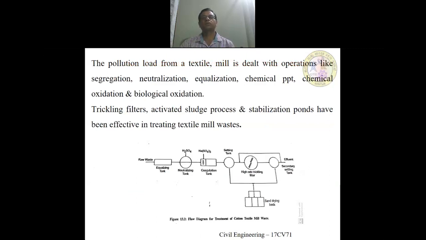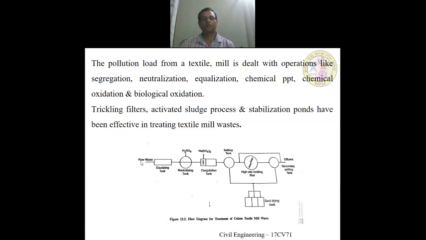The pollution load from a textile mill is dealt with operations like segregation, neutralization, equalization, chemical precipitation, chemical oxidation and biological oxidation. A typical flow chart of a cotton textile mill is given below.